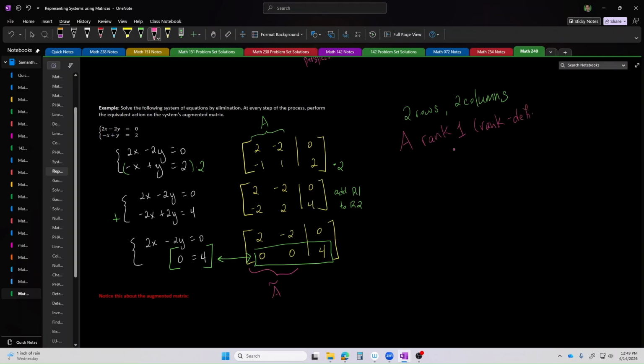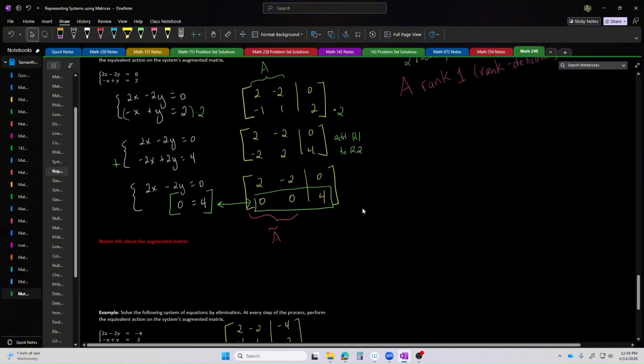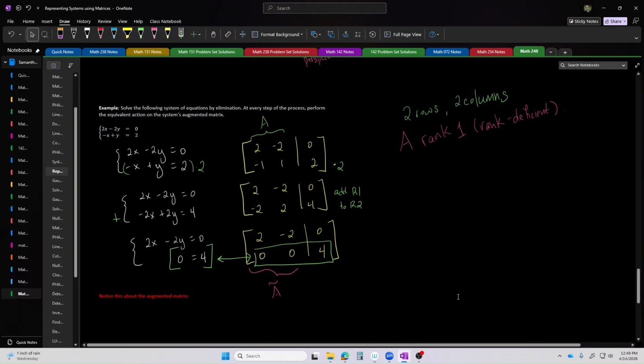And let's see what consequences that had when we were solving this system of equations. In this case, when we solved this system of equations, we ended up with an inconsistent system. We ended up with a system of equations that had no solution.